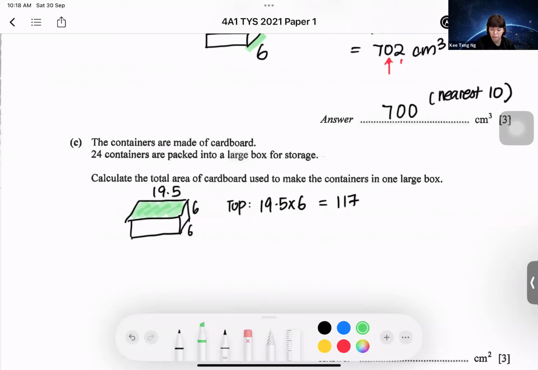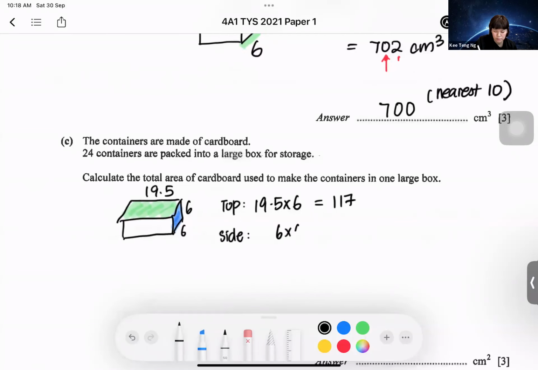Then next, I find another area over here. This surface area, for the side, will be 6 by 6, so that will be 36. We have the left hand side and also the right hand side, so later on we still need to multiply by 2.